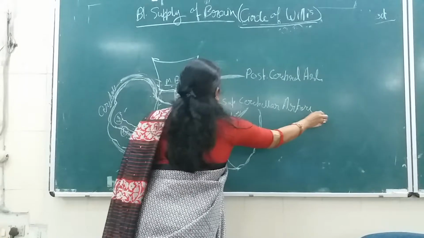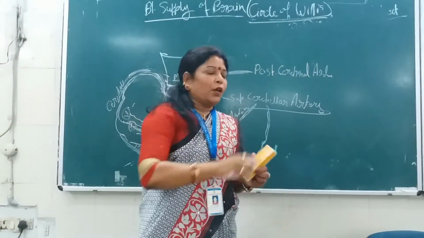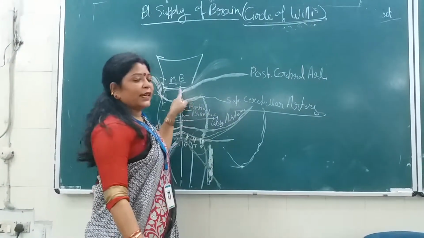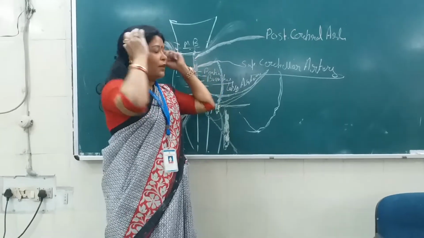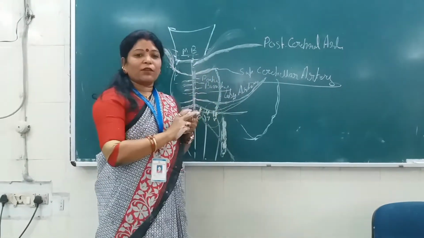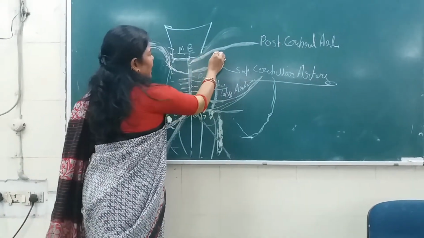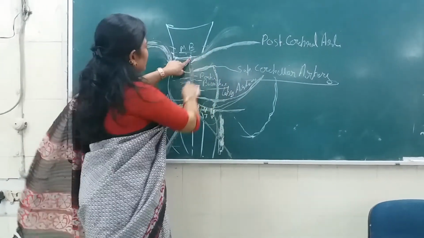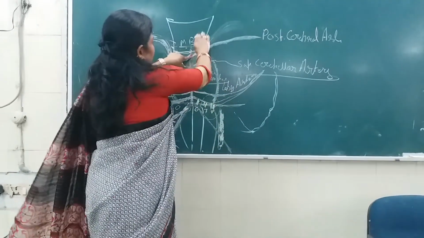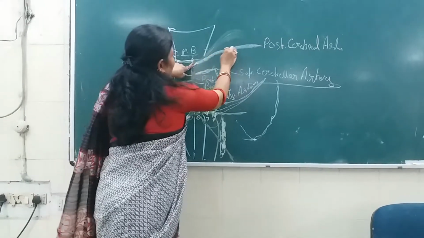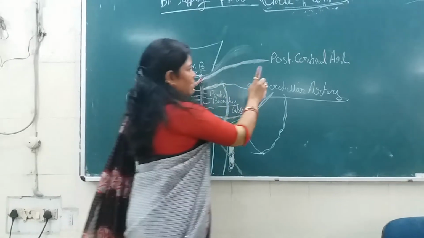Right now we have discussed the fourth cranial nerve, which is on the dorsal aspect of the brainstem. After piercing the superior medullary velum, it comes back. So at the upper border of the basilar pons and the midbrain, there is a branch which arises from the basilar artery, that is known as the posterior cerebral artery.